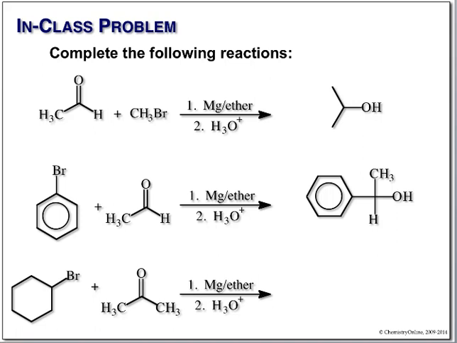Our last one, take bromocyclohexane, magnesium. That will convert it to cyclohexane magnesium bromide. Cyclohexane carbon will be our nucleophile. It will attack acetone at the carbonyl carbon.